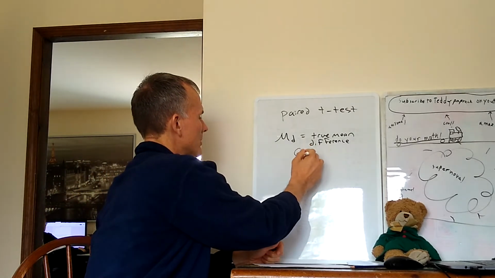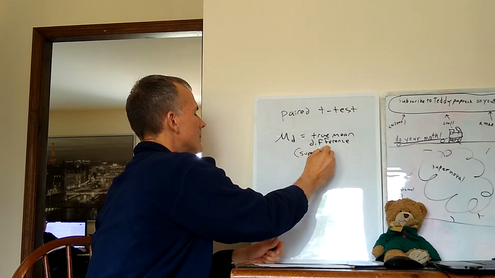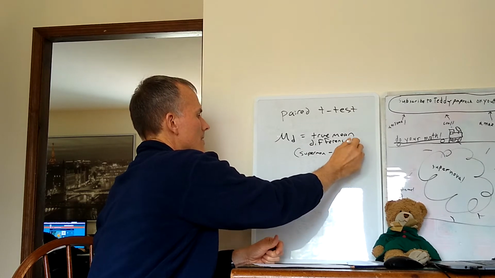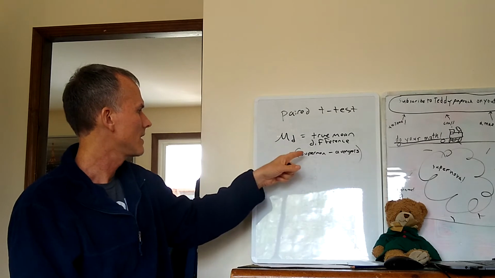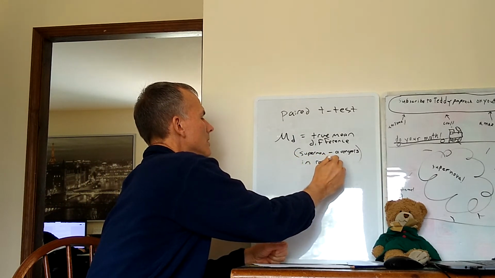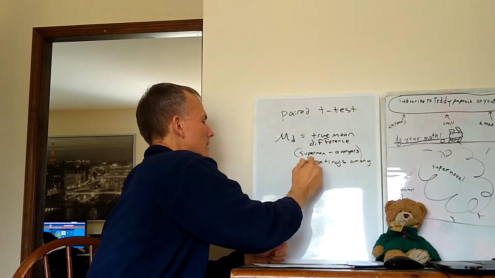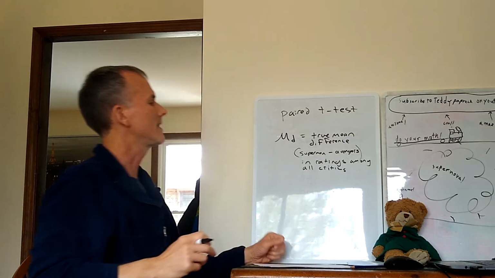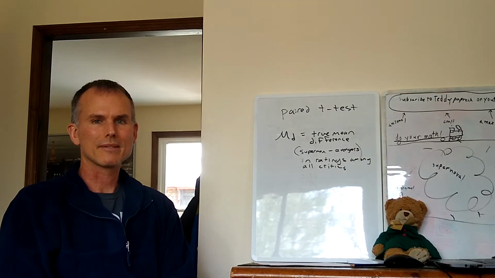In parentheses, I'm going to write Superman minus Avengers, in ratings among all critics. Now, there's just one parameter of interest here.